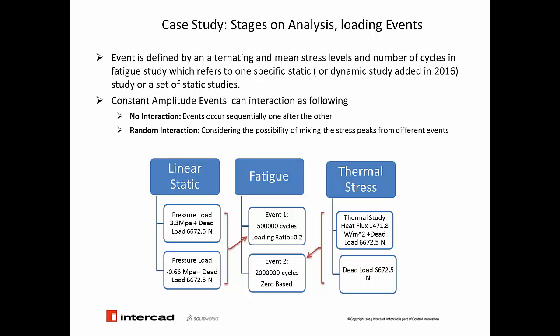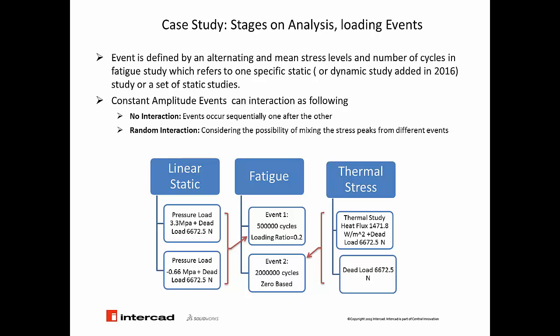You're simply telling the software there is a study with the values of stress, and it's going to alternate. Okay, so for that reason, you need to define an event in your fatigue study which is fully linked to the values of stress from a series of linear static studies, and in 2016 you can have dynamic studies added as well.